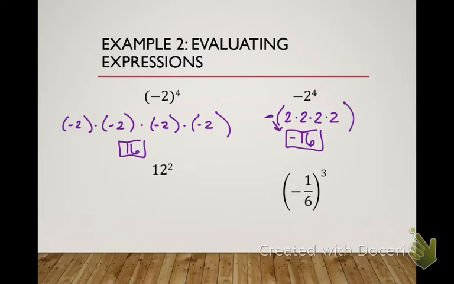So for the second one, it'll always be negative, right? Yep. Second one will always be negative if it's not in parentheses. And then the first one, depending on whether the exponent is even or odd. Correct. All right, good question.